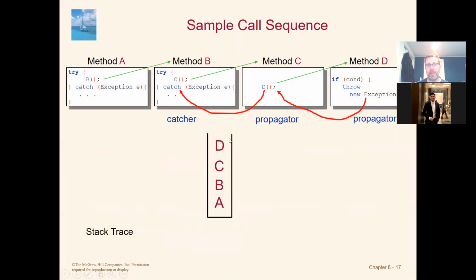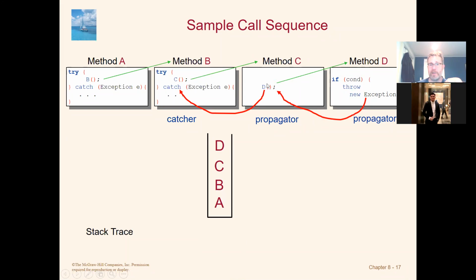Okay, so here, this is an image of the stack. Remember, we talked about the stack on Monday. So here we have a method A that calls a method B, that calls a method C, that calls a method D. Now, if an exception happens in method D, where some condition is true, then it throws a new exception. Well, D is going to kick it back to C. D doesn't have any place to deal with the exception locally. It's just going to throw it back.